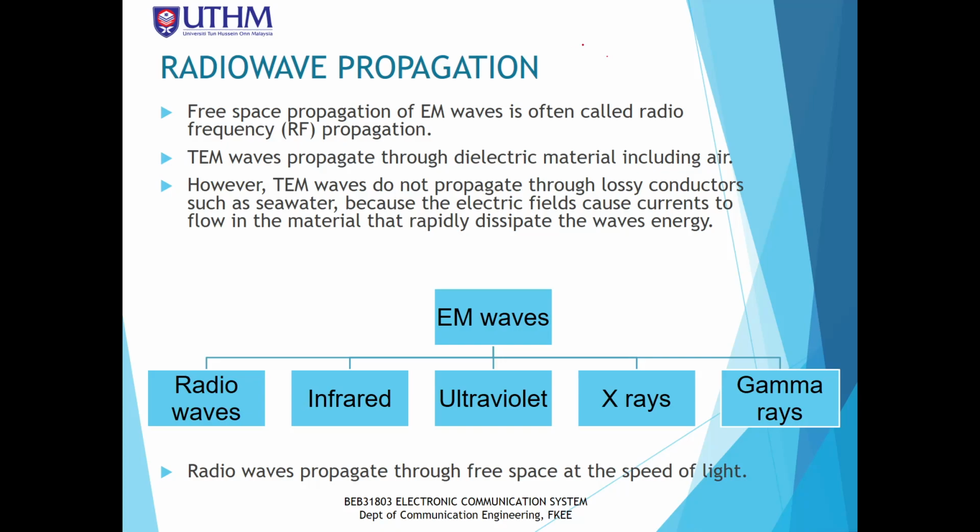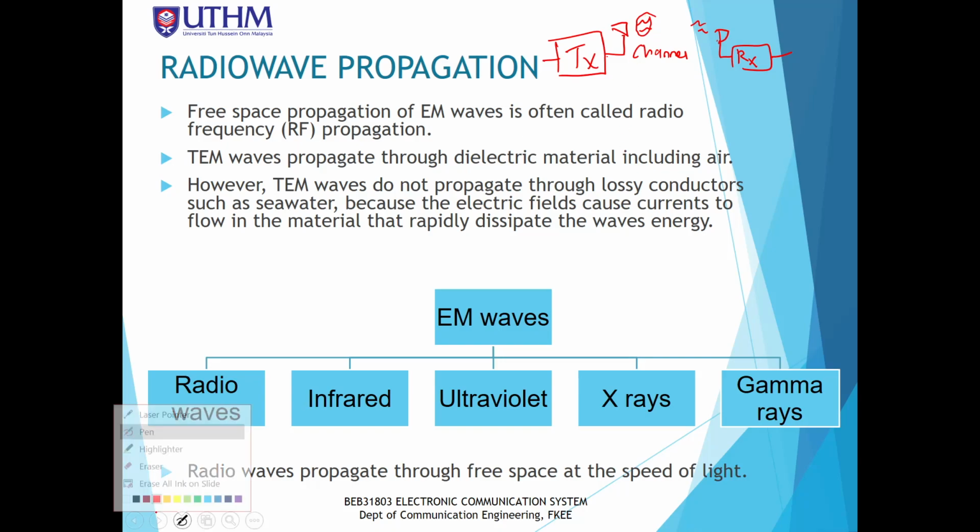until now. Okay, again I would like to draw my favorite picture. We have a transmitter, we have the medium, the channel, and we have the receiver part over here. So in this topic, what we're going to learn is about the characteristics of the electromagnetic waves that travel from the transmitter to the receiver side.